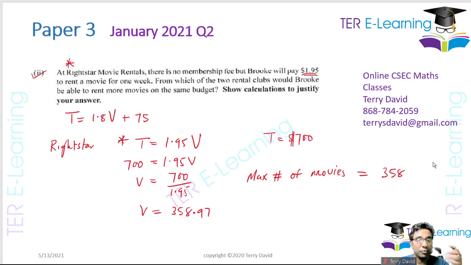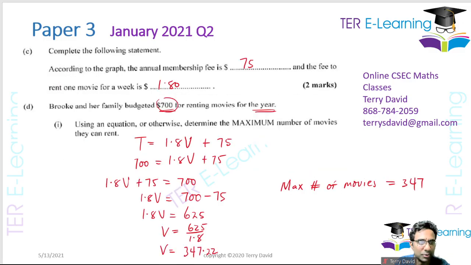That's the maximum number of movies. So they said show which one you'll be able to rent more movies with the same budget. RightStar is 358 and the one we got just now was 347.